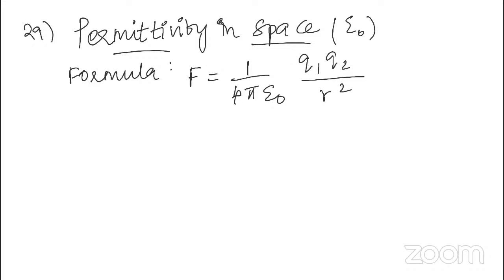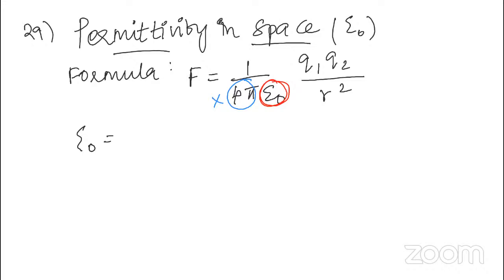Okay. So first we just rearrange the formula. Here epsilon naught only we want. 4 pi is a dimensionless constant. So we just neglect it.